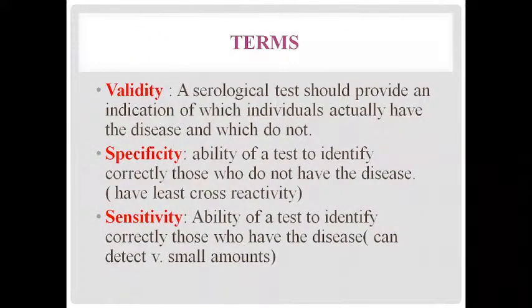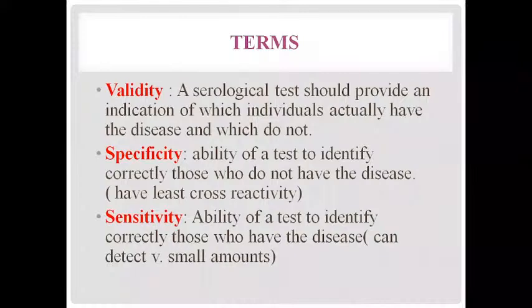Now, some of the common terms that you will find: validity, which is that a serological test should provide an indication of which individuals actually have the disease and which do not. In other words, your test should be valid if it can give you the right information or the right diagnosis as pertains to the patient investigation.